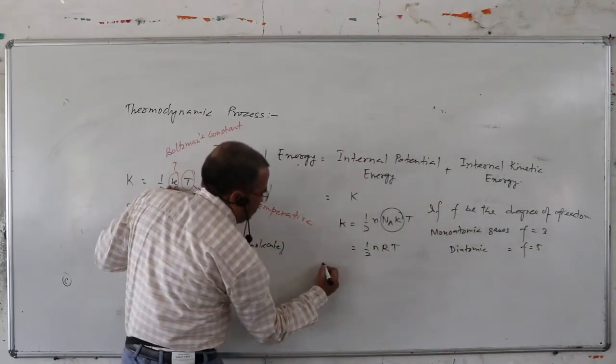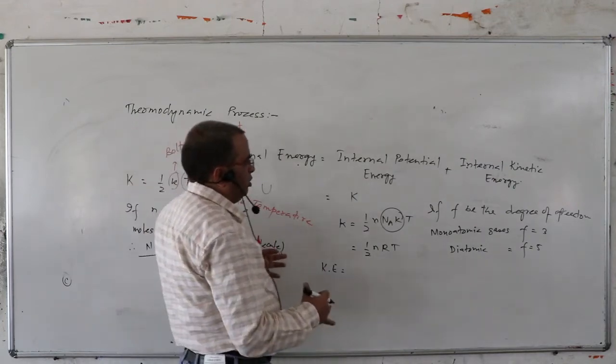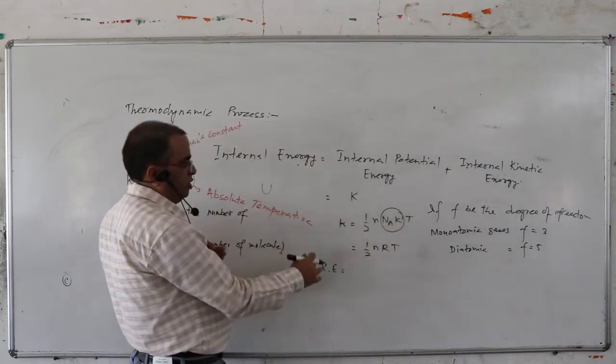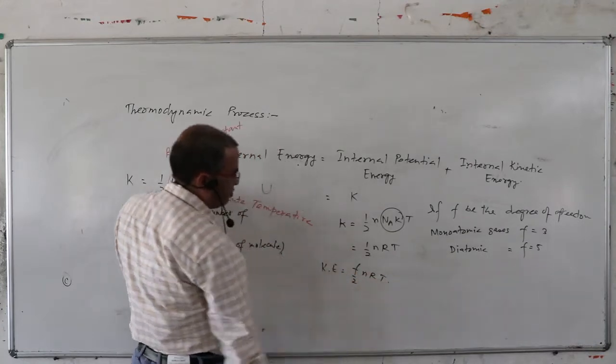So for a monoatomic gas, we can say the kinetic energy KE of all the molecules at an absolute temperature T is given by F by 2 nRT.